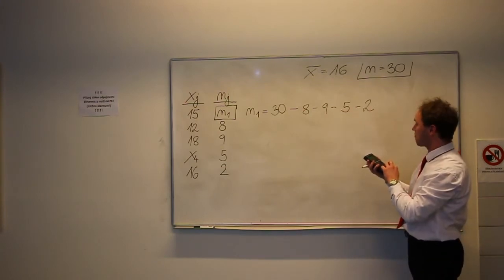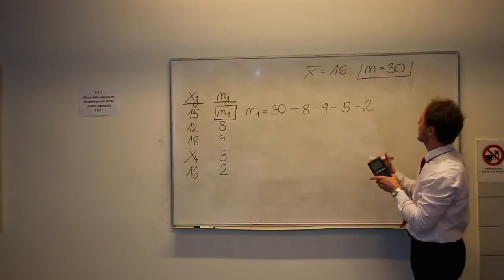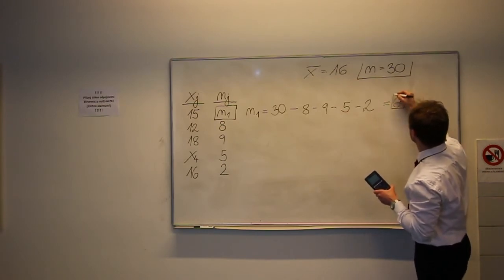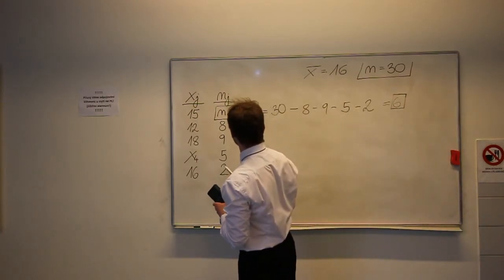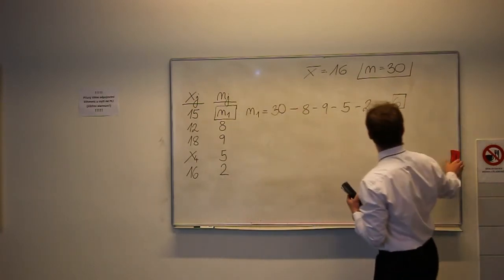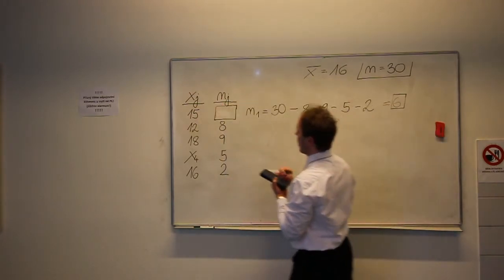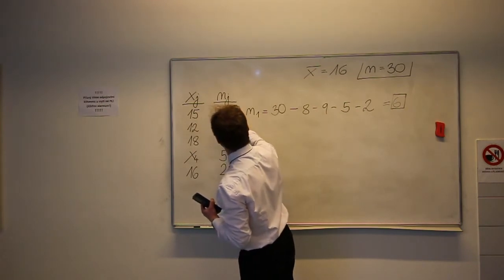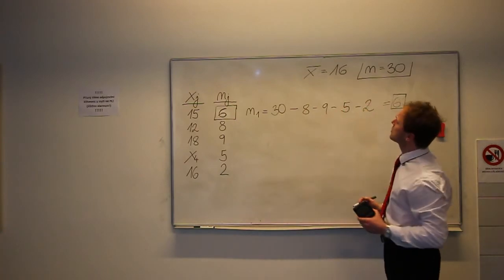Minus 5 is 8. And minus 2 is 6. So the result is 6 students. So instead of n1, there should be the value 6. Okay, so I will write it here. 6 students have a 15 inch size display.